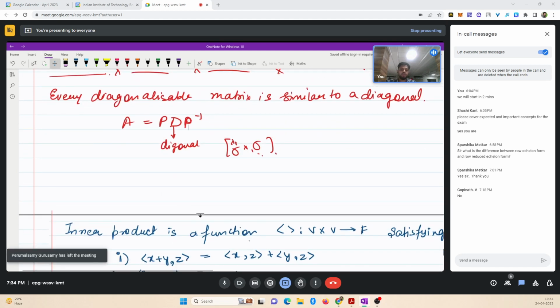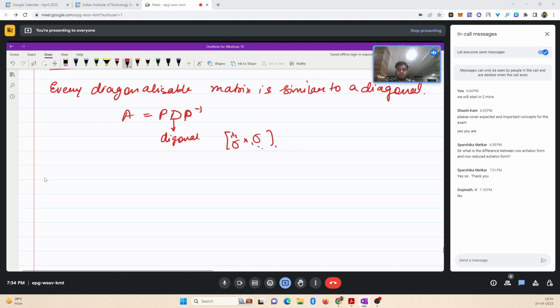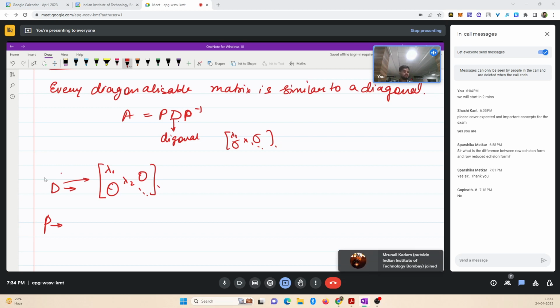Now, one thing I want to mention is what the elements of this D are and what this P is. You can construct D by taking eigenvalues on the diagonal entries. Whatever eigenvalues you obtained, you place them on the diagonal entries and zero elsewhere, and you'll obtain this D. So if somebody asks you to factorize A in the form P D P inverse, you will find the eigenvalues and the eigenvectors, and construct D by placing eigenvalues on the diagonal.